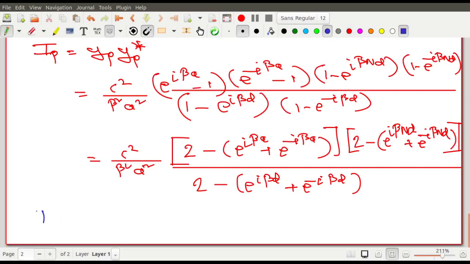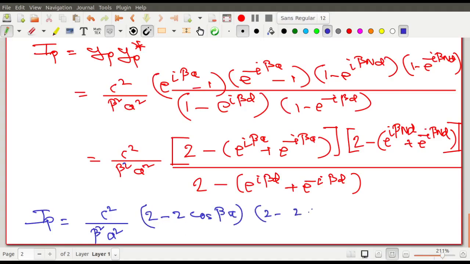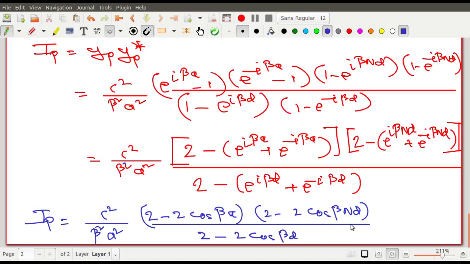So let us start writing those. So Ip is equal to c square by beta square a square. So this will be 2 minus 2 cosine beta a, this one is 2 minus 2 cosine beta nd, and this one is 2 minus 2 cosine beta d.